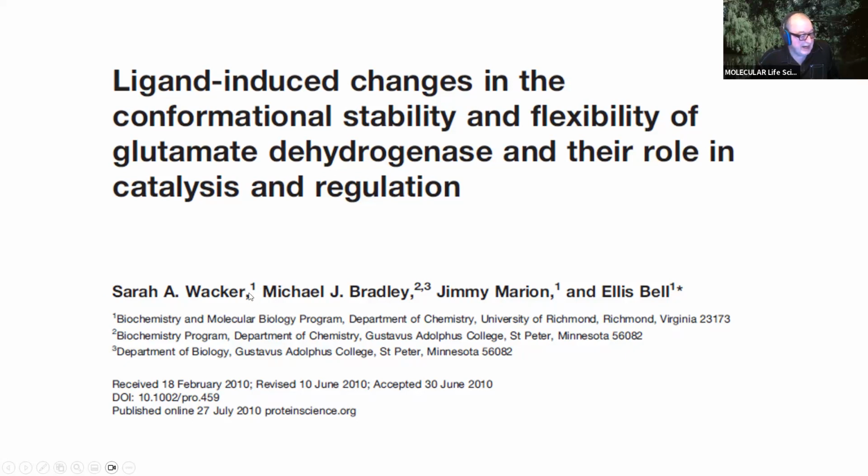So Sarah Wacker, who was actually a high school student in Joe Provost's lab before she joined my lab at the University of Richmond, did a wonderful job using isotope effect studies to look at rate limiting steps. Because of course, if you've got a rate limiting step and you put an isotope in, then it can reveal that that step was in fact rate limiting.